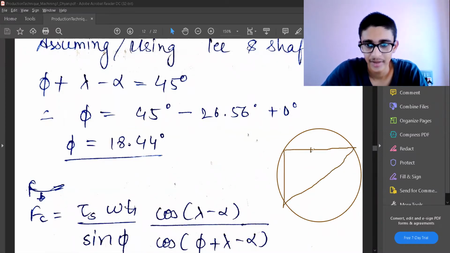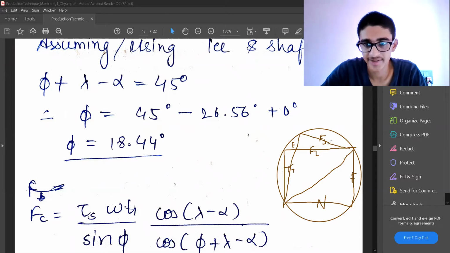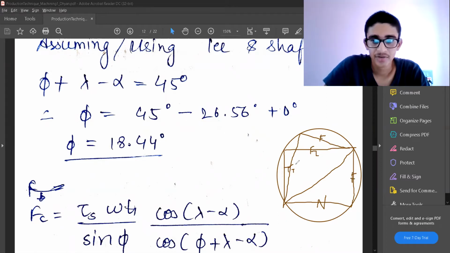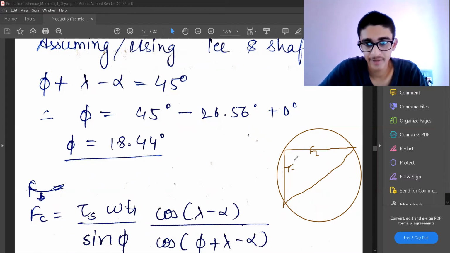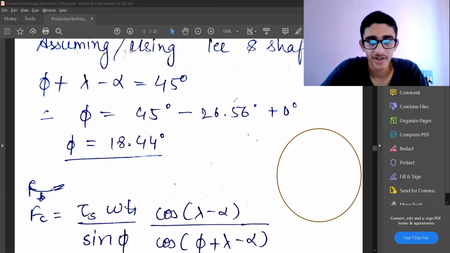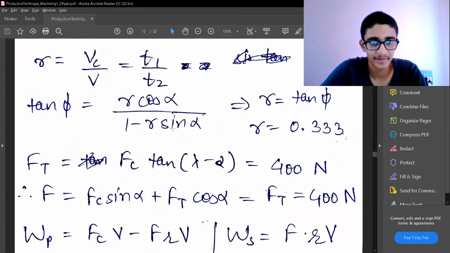This was the cutting force, this was the thrust force, this was some force F on the tool, this was the normal force, we had a shear force Fs, and this was some other force. I don't remember them exactly, but they were covered in Merchant's theory, and this was the angle phi, that was the shear plane angle. So these are the angles and these are the forces which I'm referring to everywhere. You cannot forget these things. These are the base for everywhere.